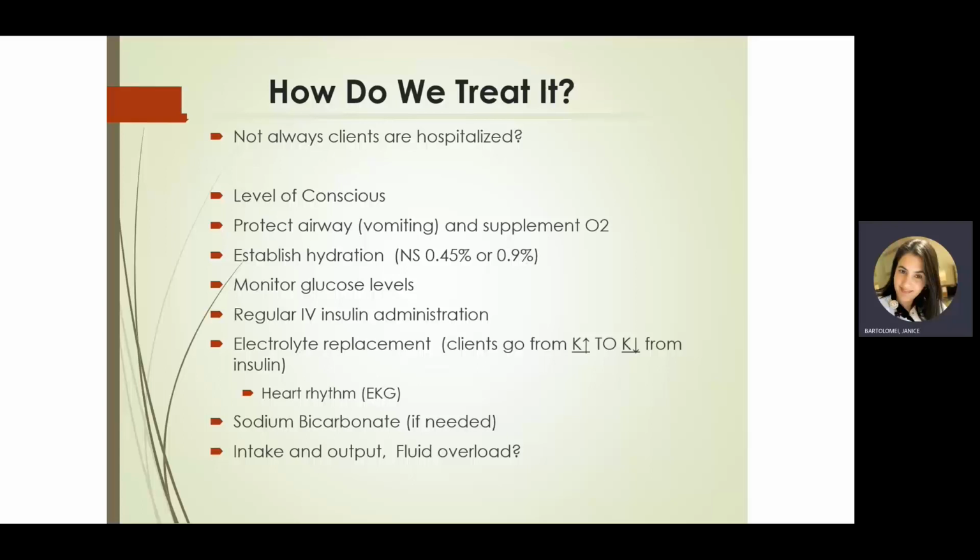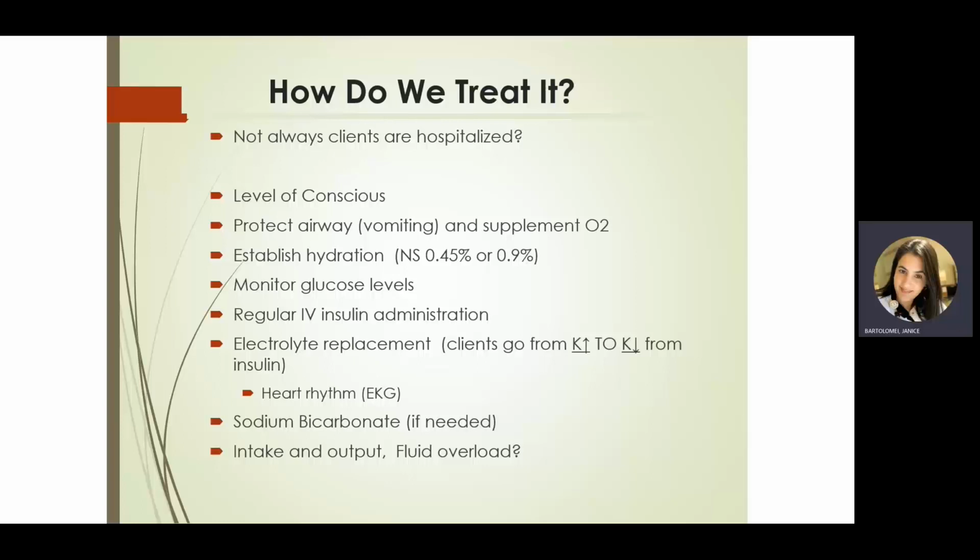The glucose monitoring starts happening more often whenever you are on IV insulin. It's usually a drip in the ICU. These patients go to the ICU initially, and so you have to titrate the insulin. You've got to monitor their glucose level. How is it coming down?